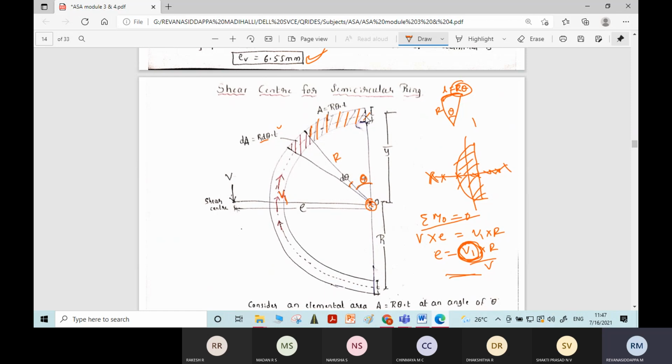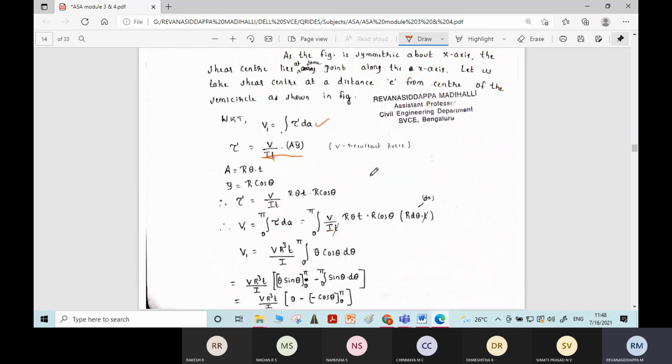From here to here it is Y bar, the distance from the center of this thickness to the center of the circle. So it becomes R cos theta, and that is taken as Y bar. Now you have the Y bar expression.